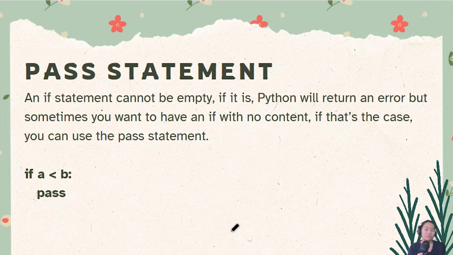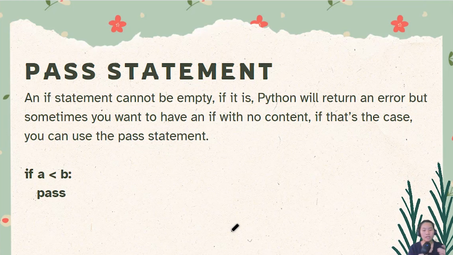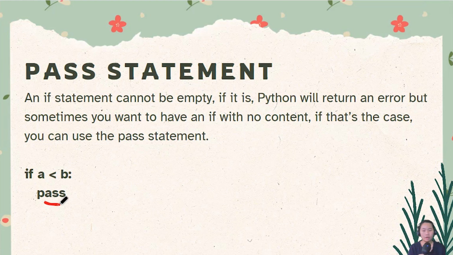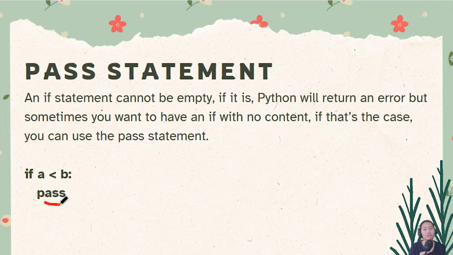But sometimes you don't have the content, so what can you do? You just need to put in a pass, and Python will pass along, okay? Just use the pass statement if you don't want anything to be after the if, or else, for that matter. If, else, and elif, it works the same.